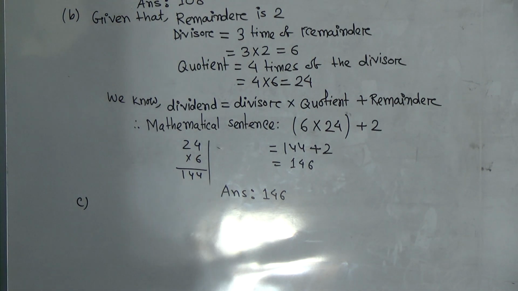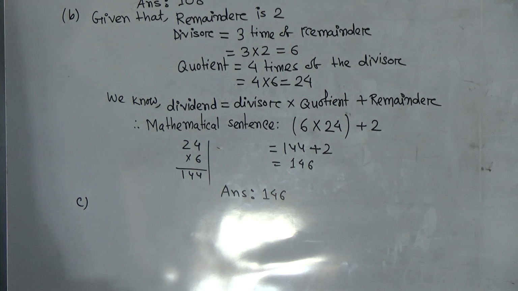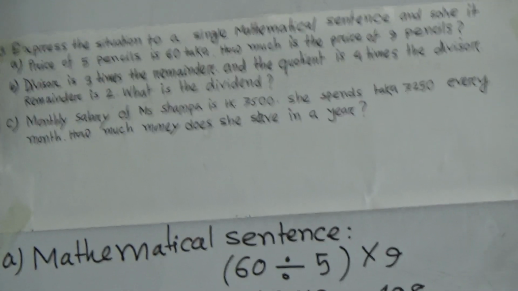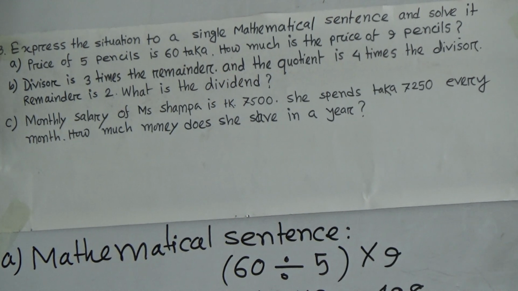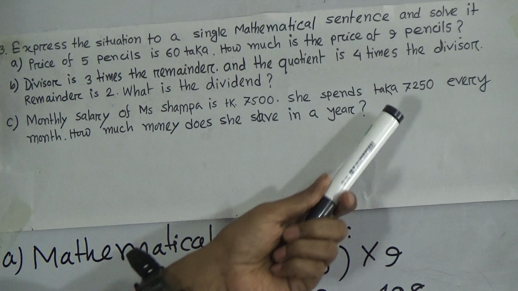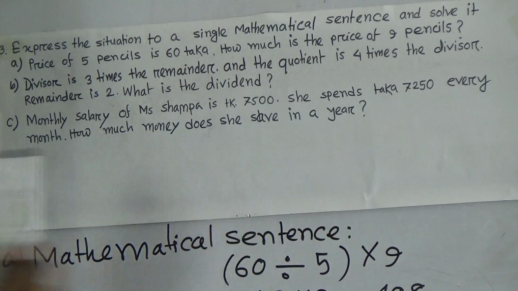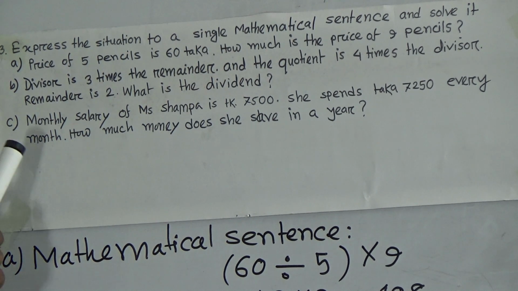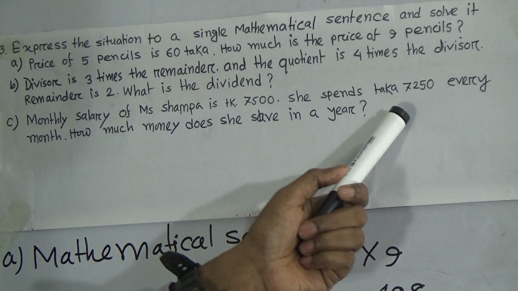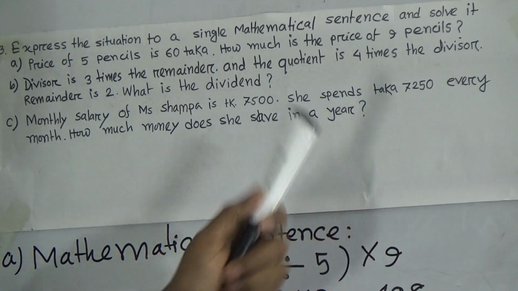Now I will solve question C. Okay, student, please read question C. Look, the monthly salary of Miss Shampa is 7,500 taka. She spends 7,250 taka every month. That means the monthly salary is 7,500 taka and she spends 7,250 taka every month.